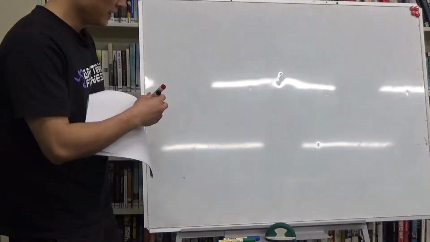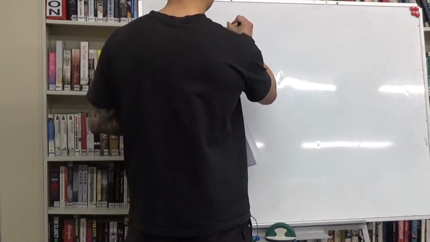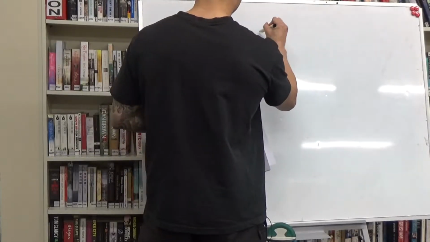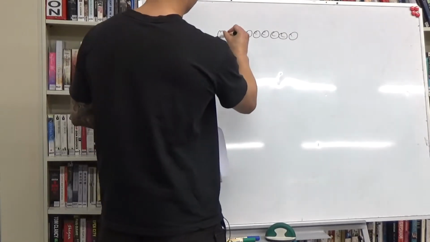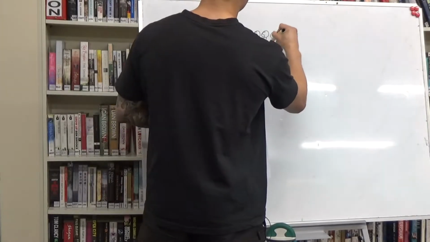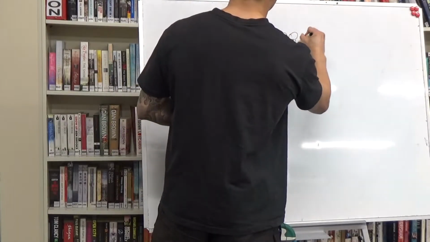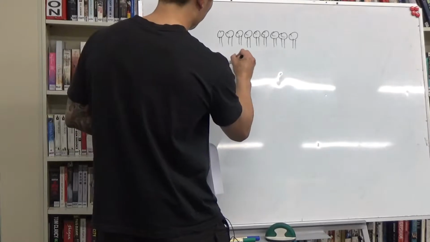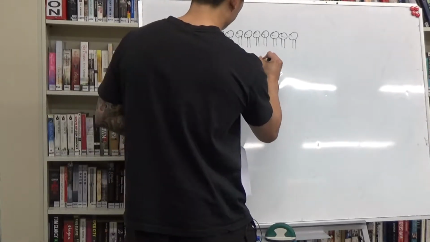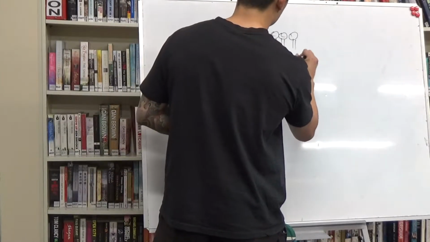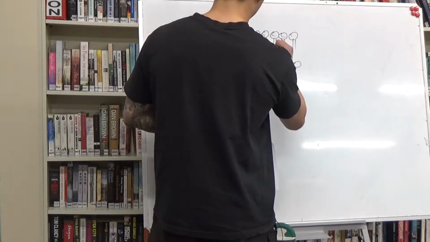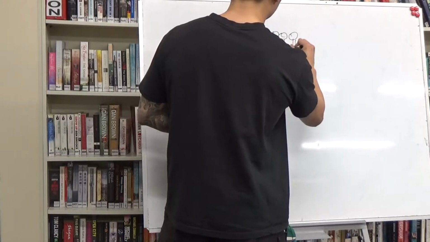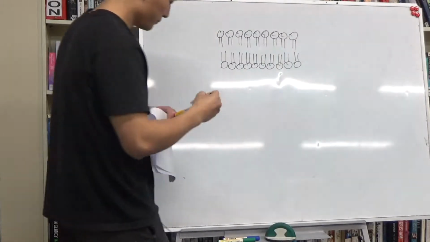If you remember the structure of the cell membrane, these are your phospholipid heads, right? And the phospholipids have their tails, and so cell membranes are phospholipid bilayers, right?